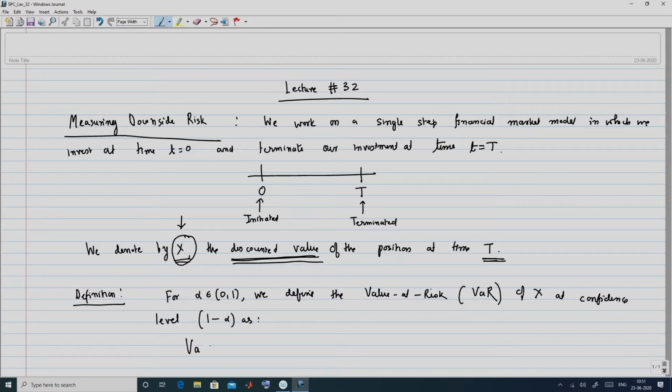So, this VaR of x at confidence level alpha is indicated by a superscript of alpha. So, actually the confidence level is 1 minus alpha, and I indicate this with a superscript of alpha. This is defined as nothing but minus the upper quantile of x, and what was the definition of upper quantile? This was infimum of x such that alpha less than F_X of x.